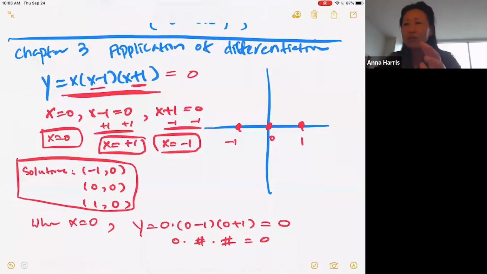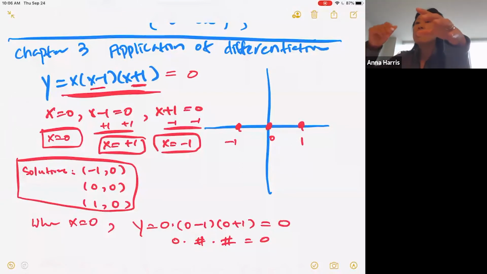So chapter 3, in a way, is not a calculator class. We're not using a calculator to graph, but we're graphing analytically. So on the chapter 3 exam, calculator is not allowed, because we're supposed to use our calculus knowledge to graph and to find a maximum and minimum.